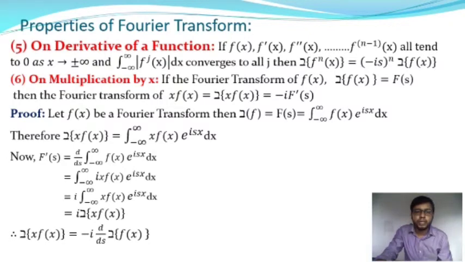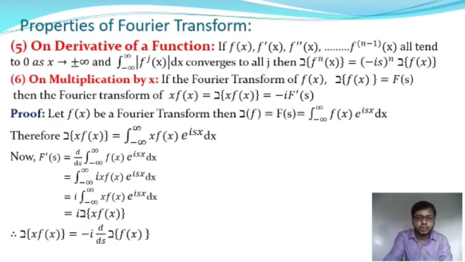After multiplication by x on the function f(x), when we apply the Fourier transformation we get -i times the first derivative of F(s), where F(s) is the Fourier transformation of f(x), and f(x) is defined in the interval minus infinity to plus infinity and is integrable. So this is the proof of the sixth property, on multiplication by x.